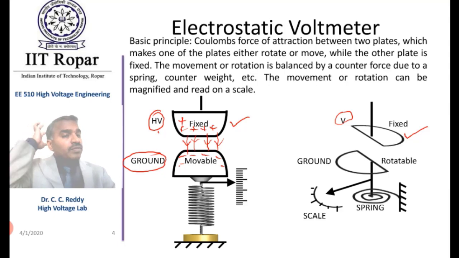So an electric field will be established, and due to this electric field, the fixed electrode will attract this movable electrode. This is the movable electrode and it is attached to a spring, you can see here. There is a needle attached to the spring, which will move vertically on this scale.